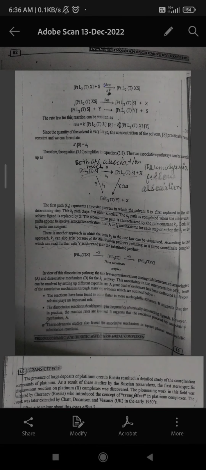Further, PtL2TS plus Y gives PtL2TY plus S. The rate law for the reaction can be written as rate equals k' [PtL2TX][S] plus k'' [PtL2TX][Y].